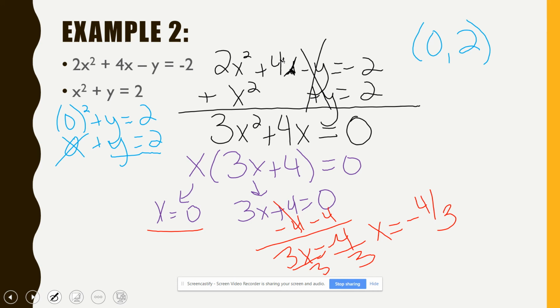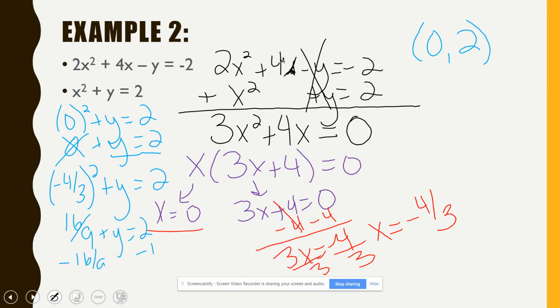Now we plug in our negative 4 thirds. So we have negative 4 thirds squared plus y is equal to 2. It's not pretty, but that's okay. We're not afraid of fractions. Negative 4 squared is 16. 3 squared is 9. We're going to subtract 16 ninths from 2.